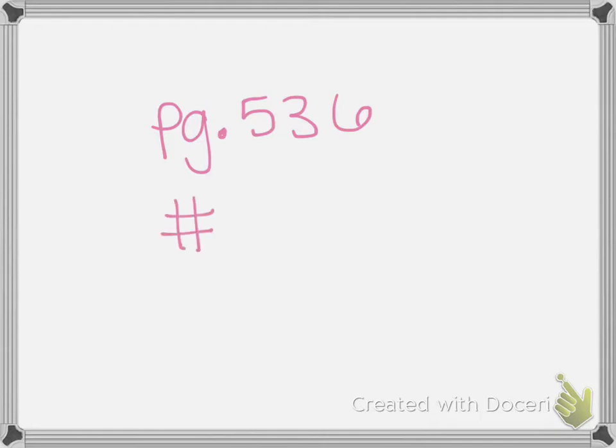Your next assignment is a book assignment, and it is on page 536. 2 of them. You need to do numbers 15 and number 25. You need to put in your own graphs. You need to find the vertex.